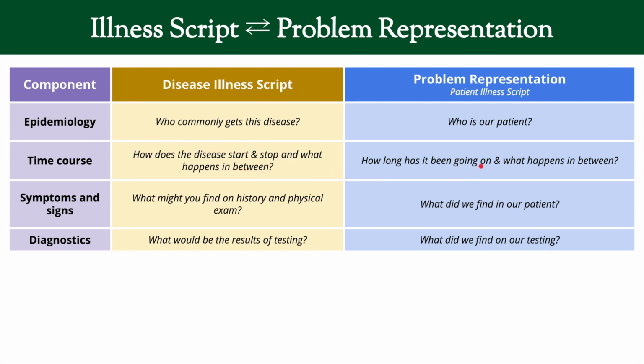And we're going to look at it for our patient. When did it start, when did it stop, and what's happening in between. Signs and symptoms, what are some things you would find on history and physical in a patient with this disease, and we'll look at our patient and say, what did we find in our patient? Did they have any signs and symptoms that match? And if we have the results of testing, we can compare testing too. Many times you won't have testing, sometimes you do.